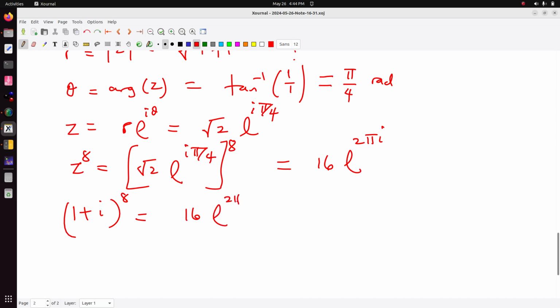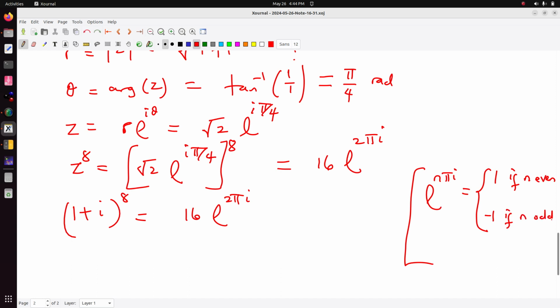In general, the exponential of n pi i can be 1 or minus 1. It is 1 if n is even, and it is minus 1 if n is odd.